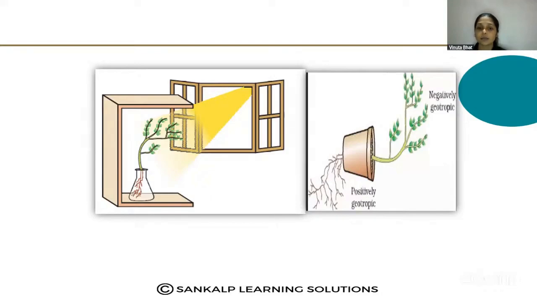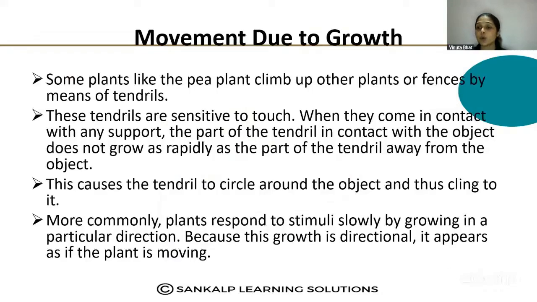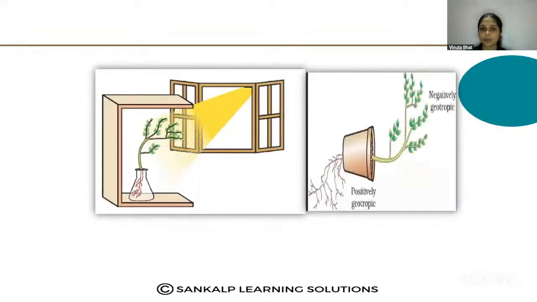You should remember all these points. And thigmotropism is about touch, how plants respond to touch. These plants are touch sensitive, which is very important. Questions will come from this topic also.